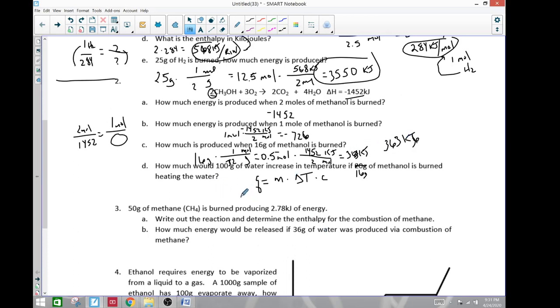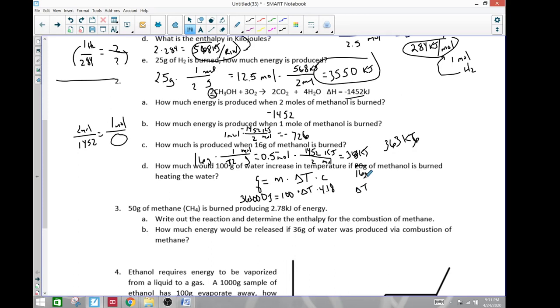So same problem. 363,000, no sense changing it, joules equals the mass of 100 grams of water we're warming up. We're looking for delta T, and the specific heat of water is 4.18. And now we just solve for delta T.